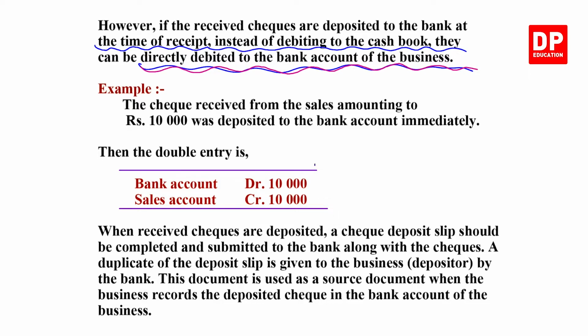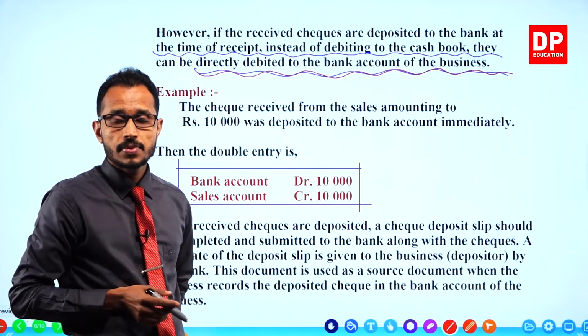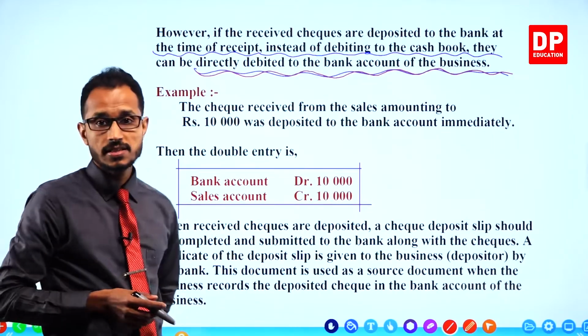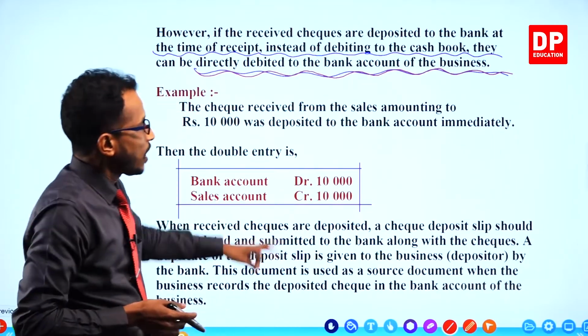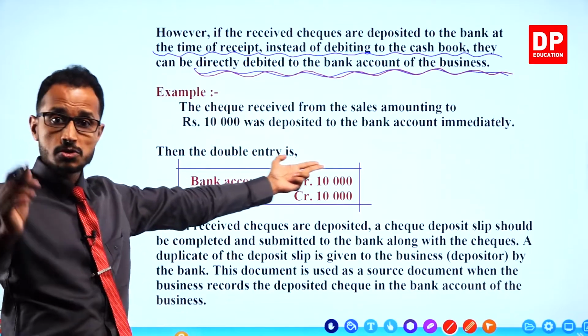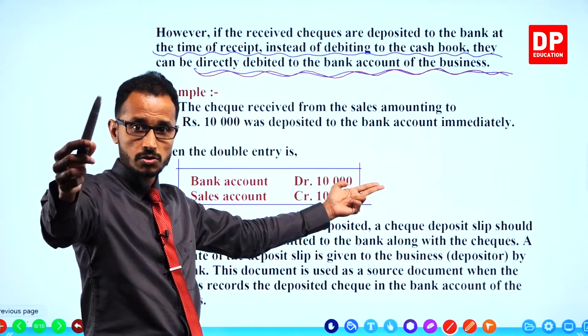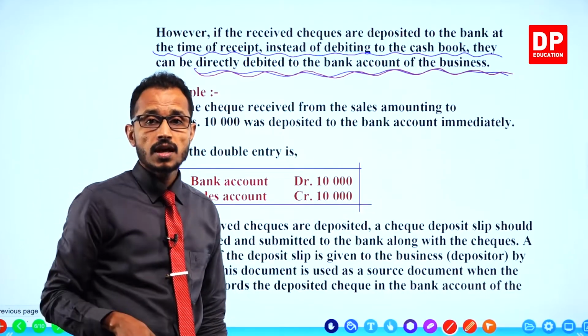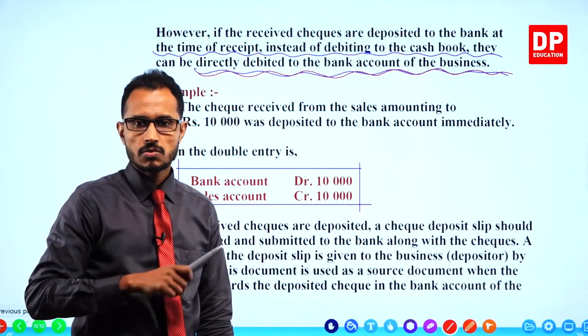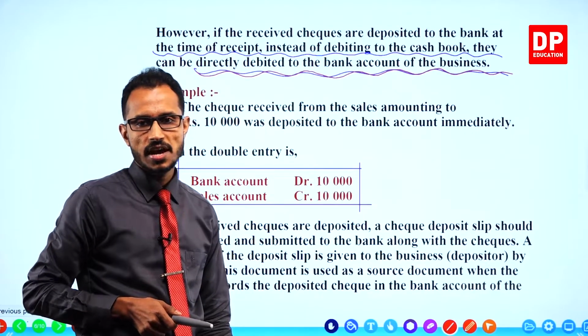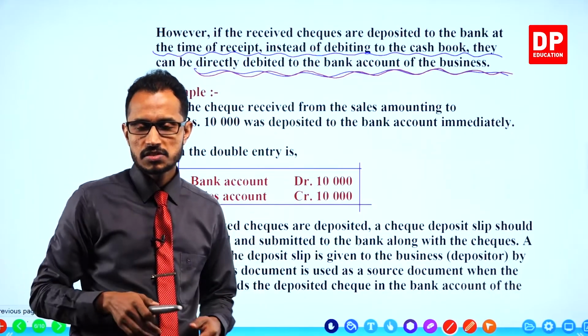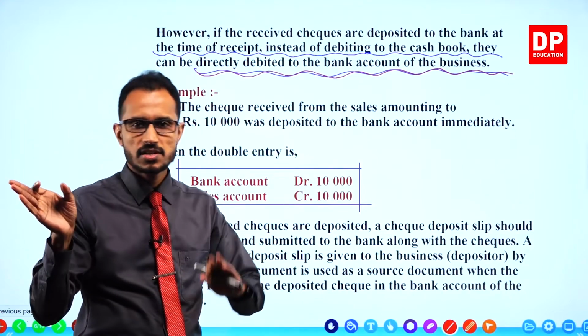That's how it happens. The double entry should be remembered, children. There is no other way. You should remember the double entry principle and guess the double entry right the first time. Just think what increases and what decreases.